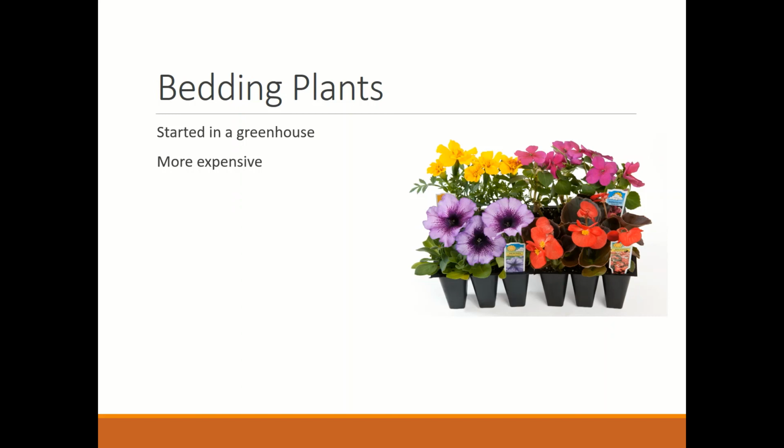Another advantage to purchasing bedding plants is when you buy them in 6-packs, you're getting an older plant that's going to probably have a better chance of survival than maybe a young seedling. Selection of bedding plants may be more limited because you're going to be restricted to whatever the garden center has for sale.